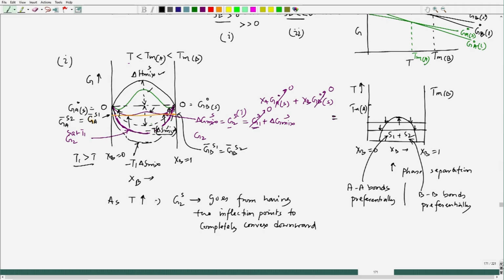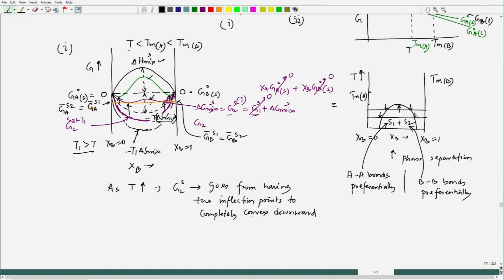Fine. And this convex downward nature, initially it would be shallow. As we increase the temperature, it keeps becoming deeper and deeper convex downward.